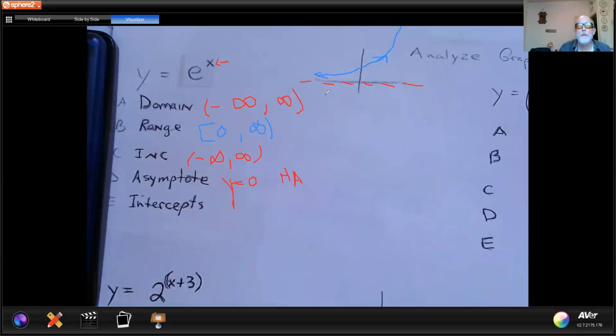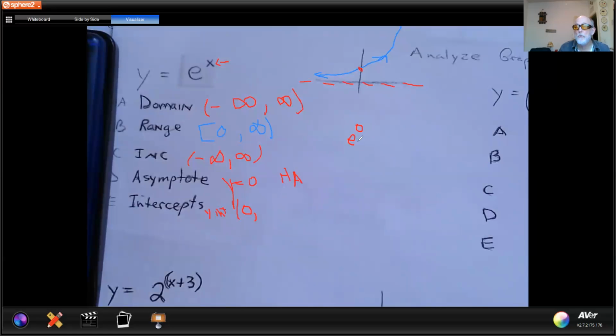And then what are the x-intercepts and the y-intercepts? Well, there is no x-intercept because that's where the asymptote is, right? But the y-intercept is right there. And remember, if I put 0 in, if I say e to the 0, because I want to know the y-intercept, the y-intercept is 0 comma something.